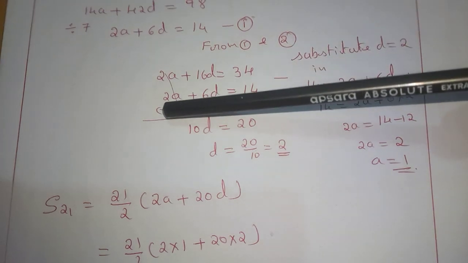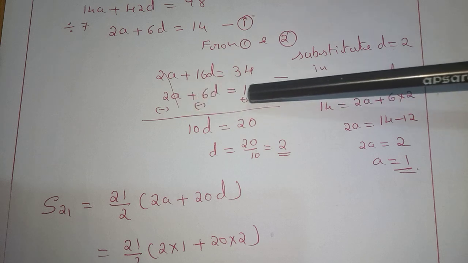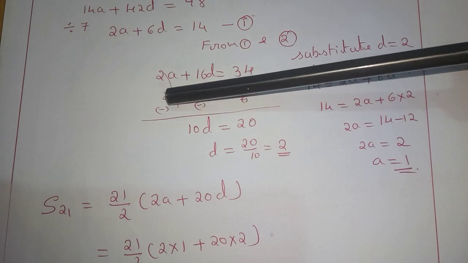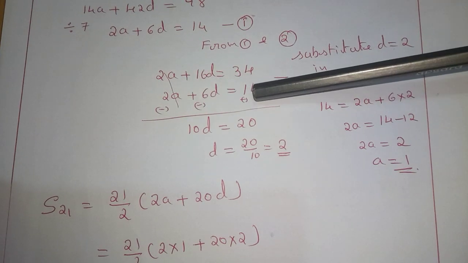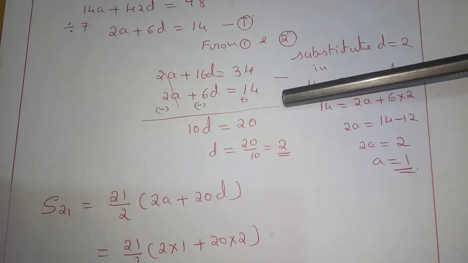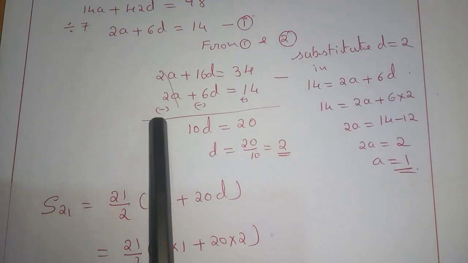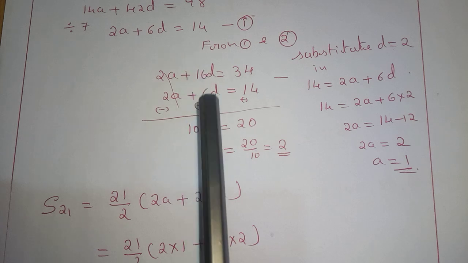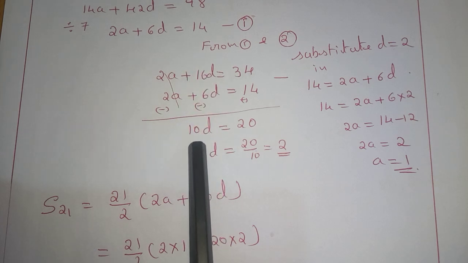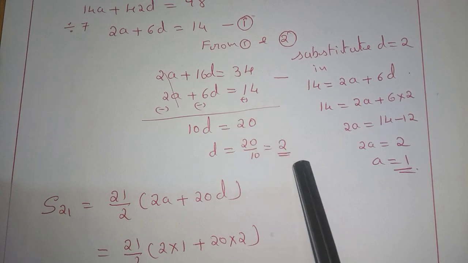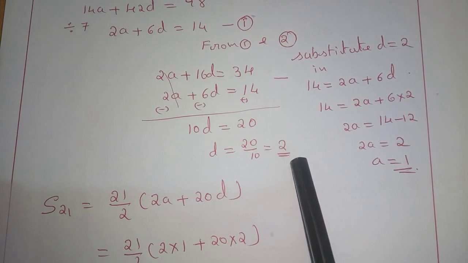Put one minus sign and change the sign of all the three terms of the second equation. 2a will become minus, 6d will become minus, 14 will become minus. Completed. 2a gets cancelled. 16 minus 6 how much? 10d. 34 minus 14 is equal to 20. d is equal to how much? 20 by 10, 2.